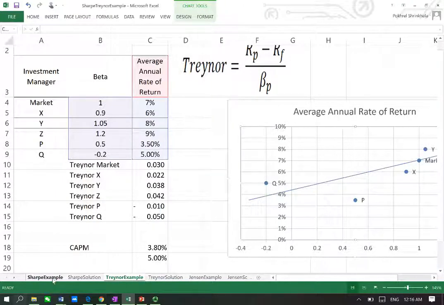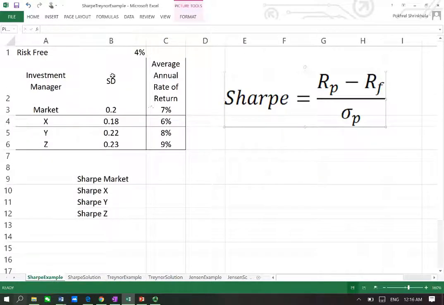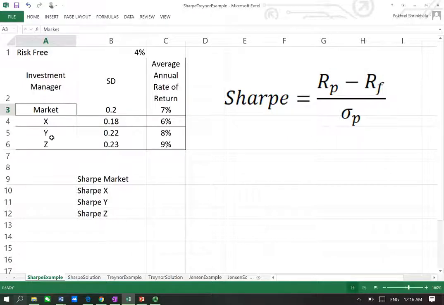Now what I would like to do is show you the illustration on Sharpe, and here I've got the market and X, Y, Z as three managers' portfolios. So Sharpe, if we use the formula, can be simply calculated by finding out first the excess return, which is the market, take away the risk-free, which I'm going to lock, and therefore divided by the standard deviation.